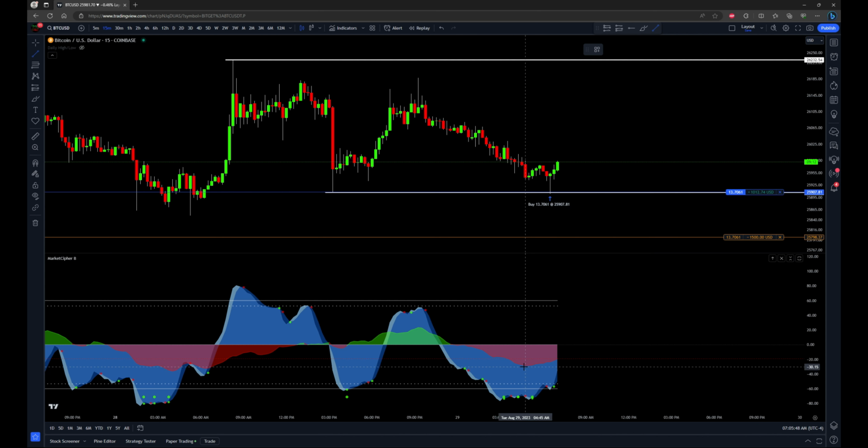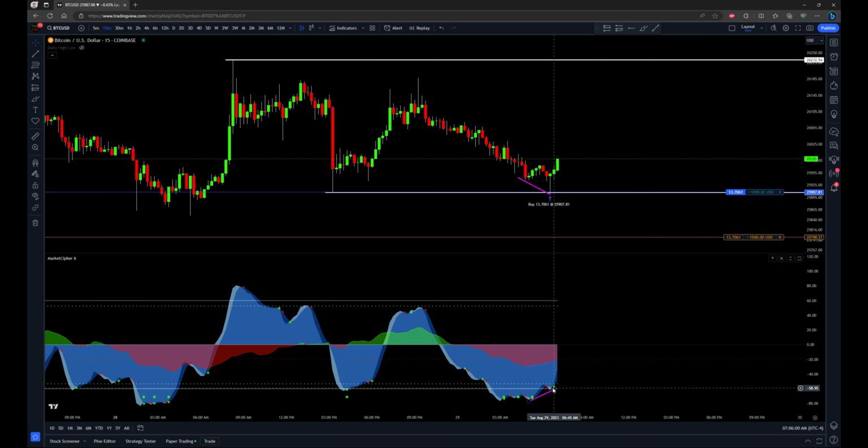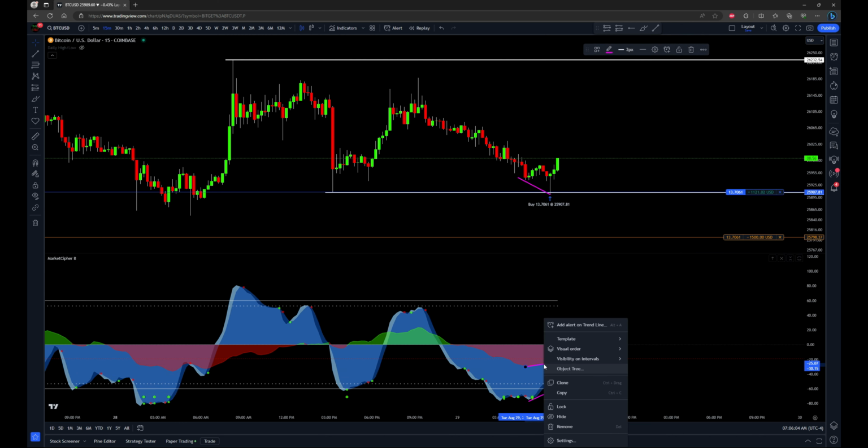We had money flow making a higher low, but at the same time, price was making a lower low. At the same time, we had a higher low on our momentum, which tells us that there's a deceleration. Price is decelerating as it comes down to this low to sweep it.